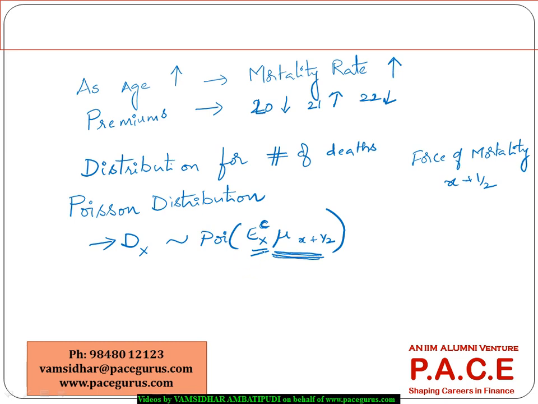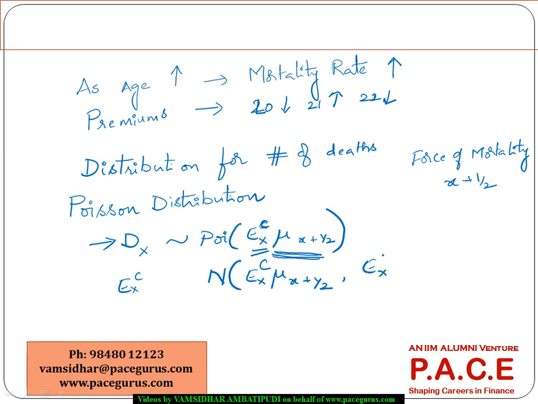Now, if that exposed to risk is very large, I can assume this to follow approximately a normal distribution. The Poisson distribution approximates to a normal distribution with mean lambda and variance lambda. So the mean is the central exposed to risk multiplied by mu x plus half, and the variance is also the central exposed to risk multiplied by mu x plus half.